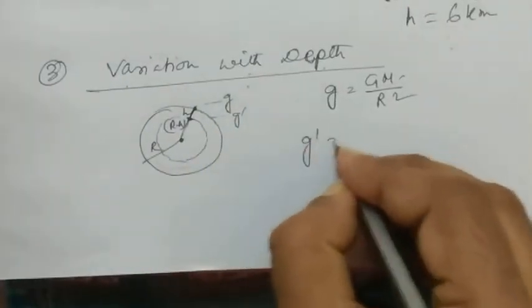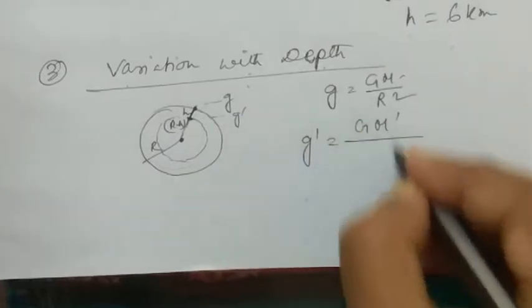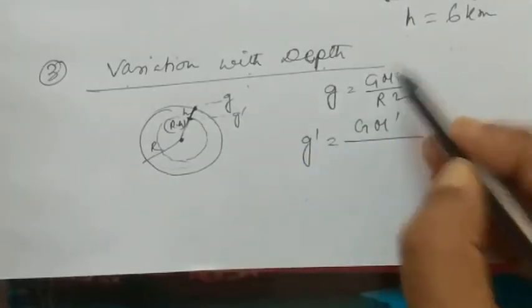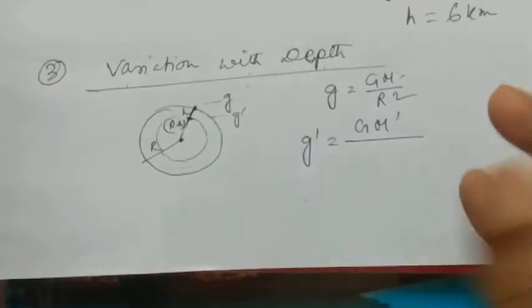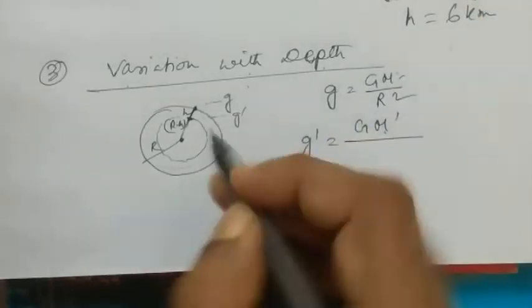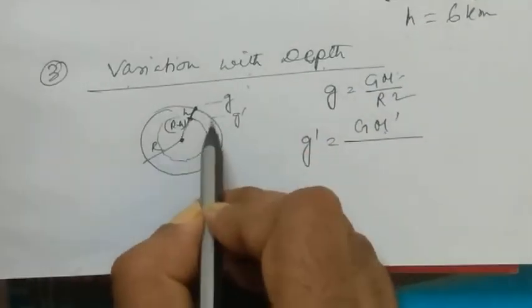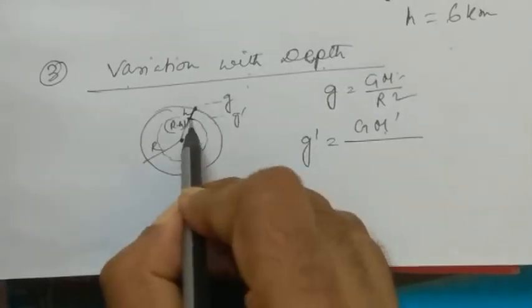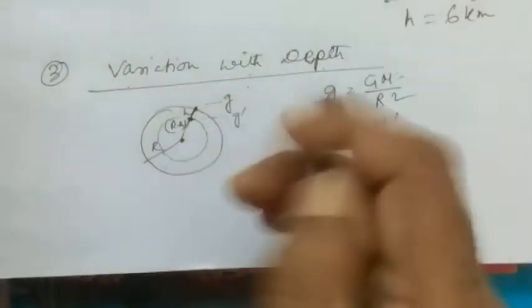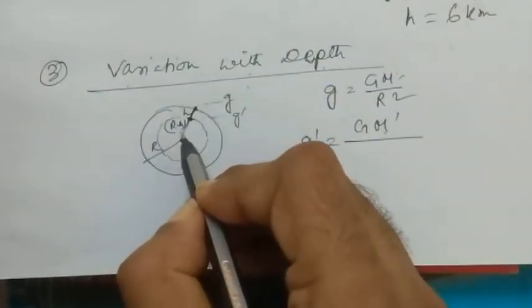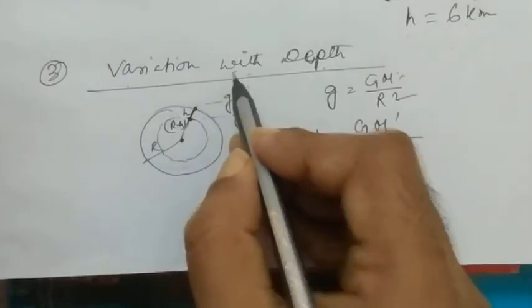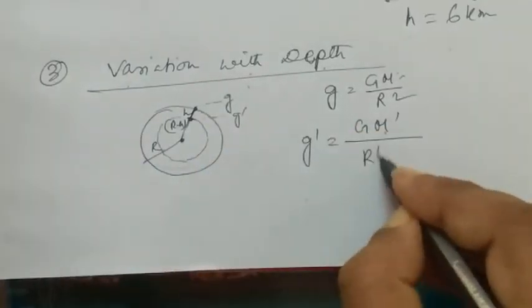So g dash will become GM dash by r dash square. Instead of M, the full mass of the earth, we are taking M dash, because the particle is not being attracted by the whole earth but by a sphere of radius r minus h and not r.